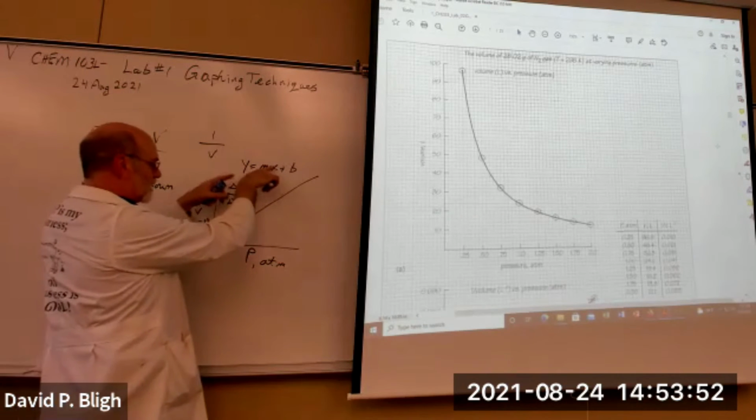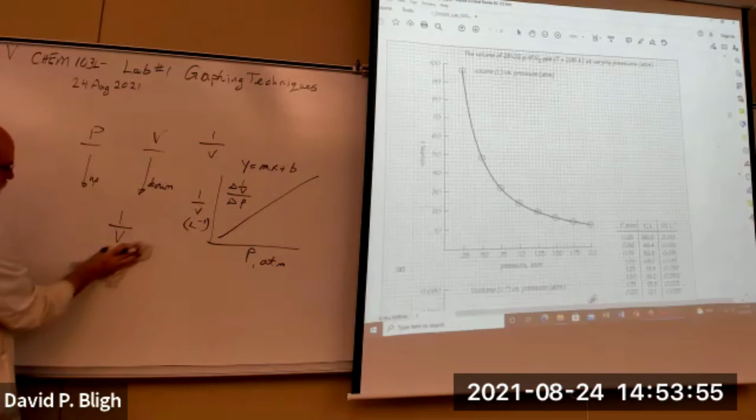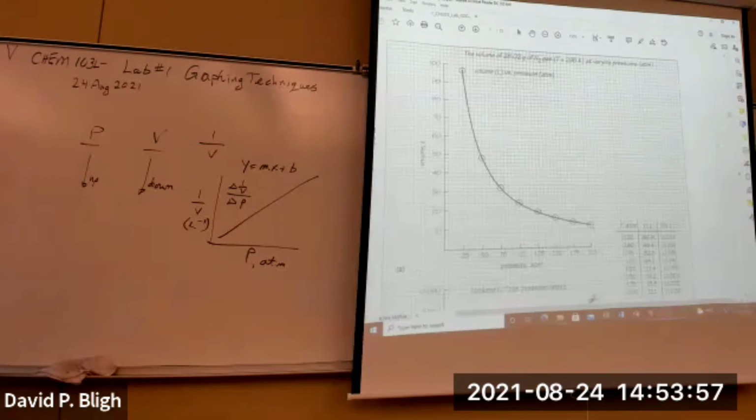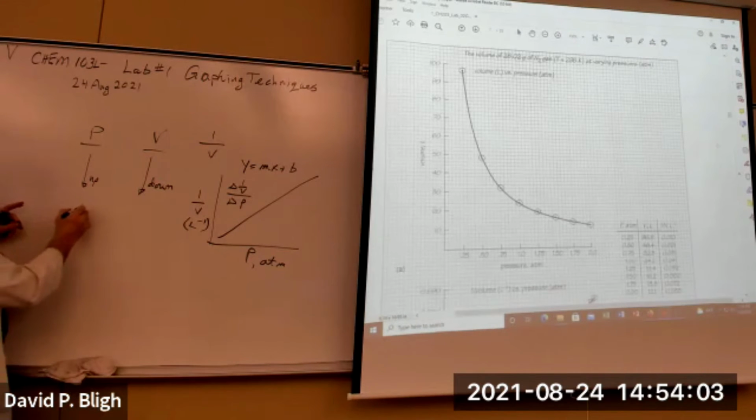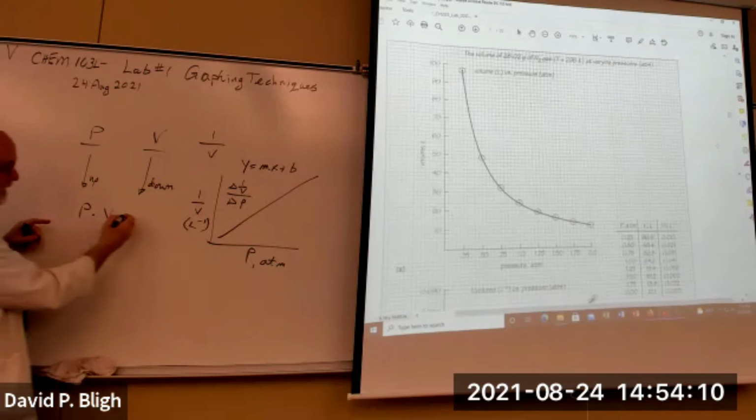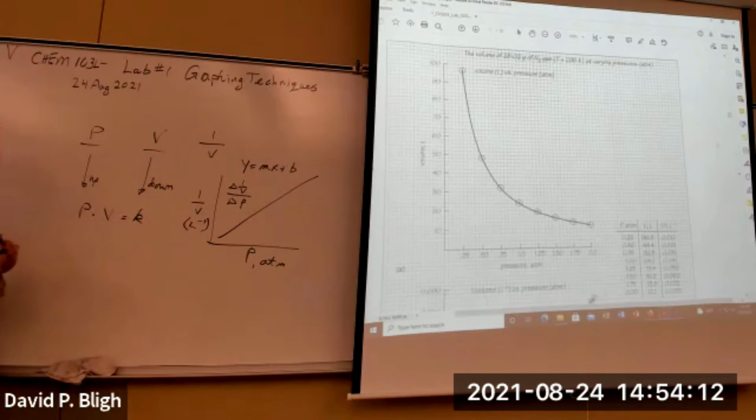So how does it relate to this thing right here? Well, I'm going to jump ahead. We haven't got to gases yet, but I might as well. What Boyle found was that the pressure he measured times the volume at each point in his experiment is equal to a constant value. That's his law, Boyle's law.